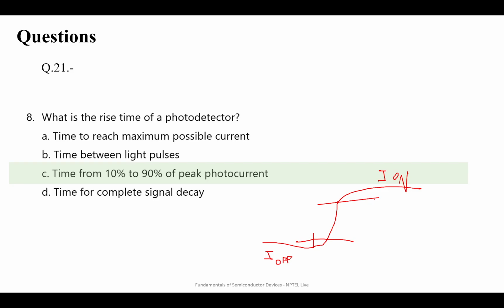The time I am taking going from this point to this point, this is my delta t, which is my rise time. Similarly, for fall time, if this is my case, then the time between here to here is my fall time.